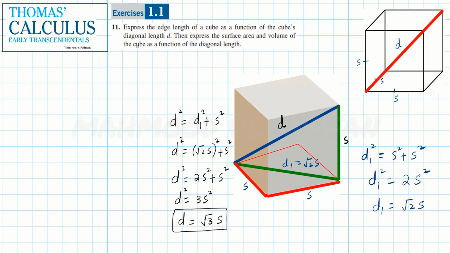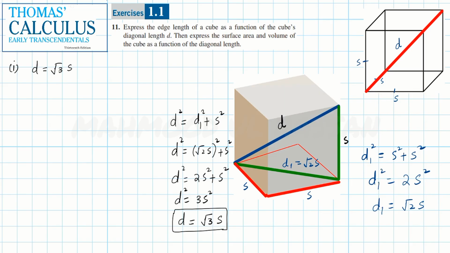Now in the question we have to express the edge length of a cube as a function of the cube's diagonal length d. The diagonal is equal to square root of 3 times the edge length s.